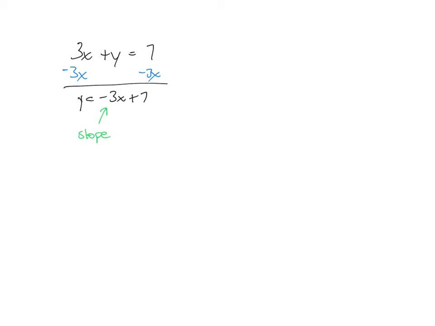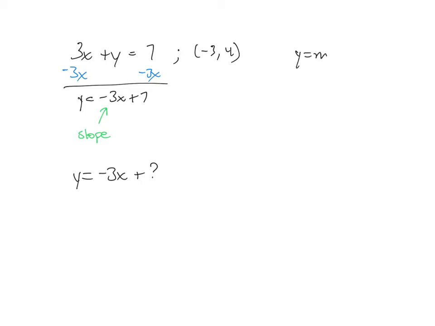Okay, so if I have my line 3x plus y equals 7, and then let's say it passes through negative 3, 4. Again, I know my answer is going to be y equals negative 3x plus, I don't know, could be minus, but I don't know that b part.